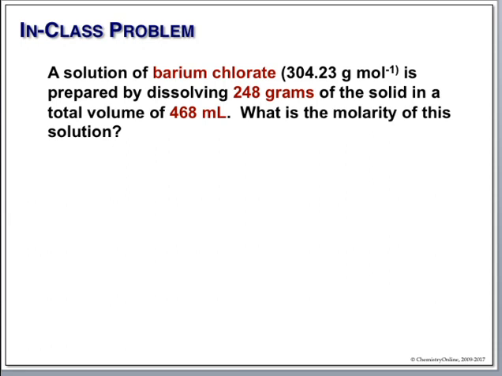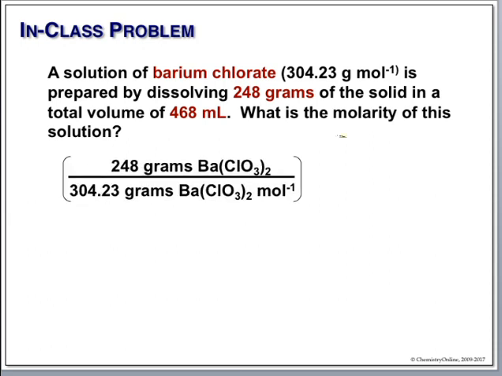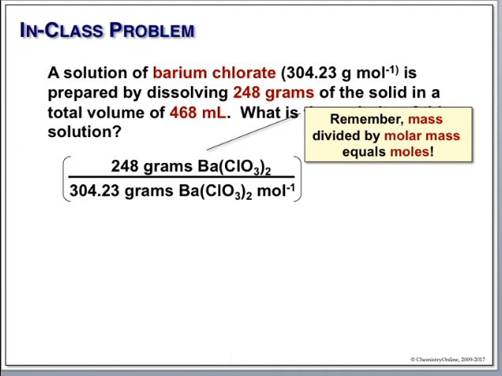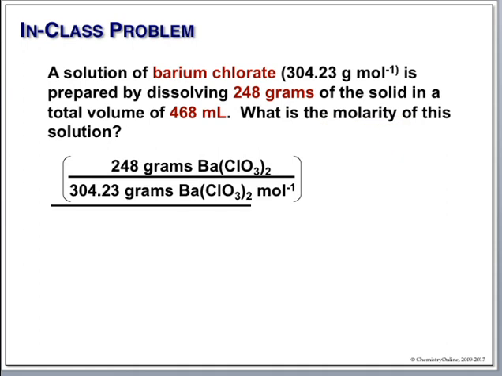We have mass, we have a molar mass, so we can get moles. We have a volume, we can get liters. Mass over molar mass gives us moles. Divide that by our number of liters, 0.468, and this is the molarity.